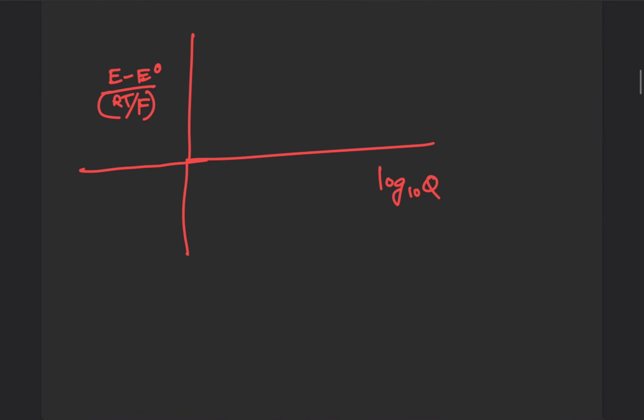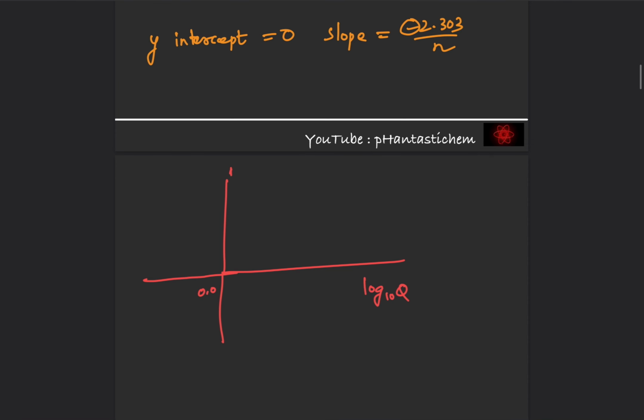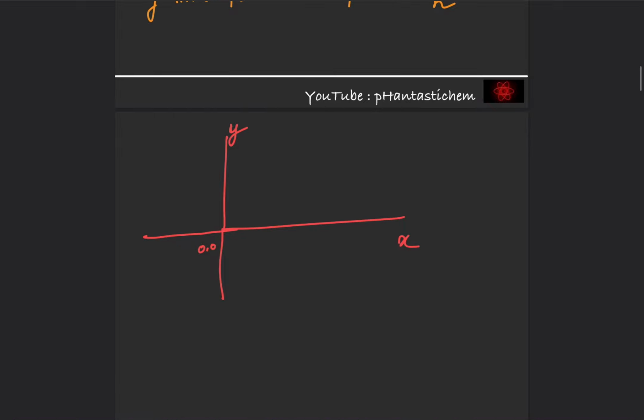Let's say our origin is here, 0 comma 0. This is my y, this is my x. For n equal to 1, the graph will look like this, and it will have the highest magnitude of the slope.